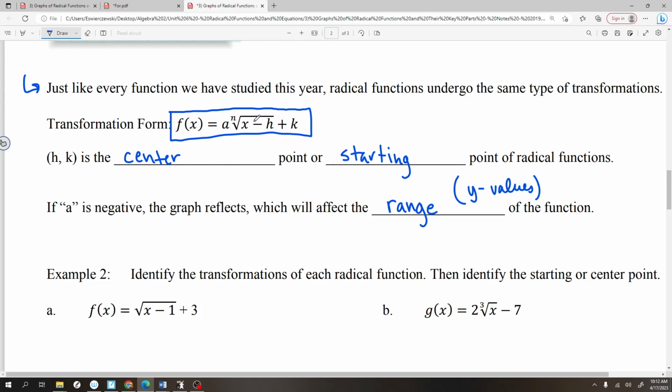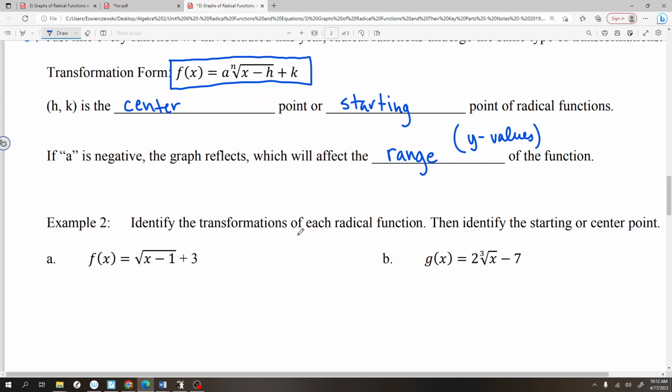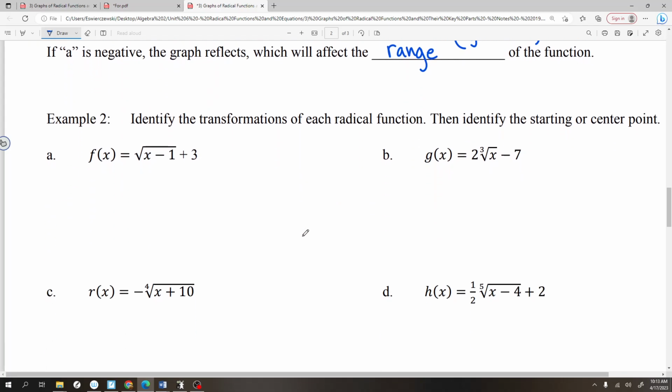A times the nth root of x minus h plus k, that is going to help us identify the transformations. So let's look at example 2, part A. This is that form that we should write down over and over again until we know it.